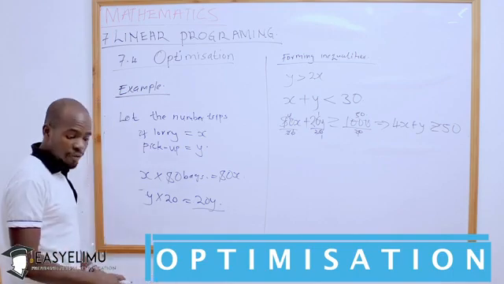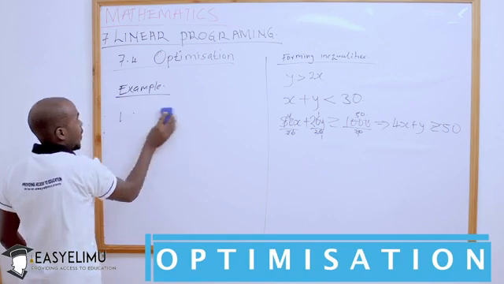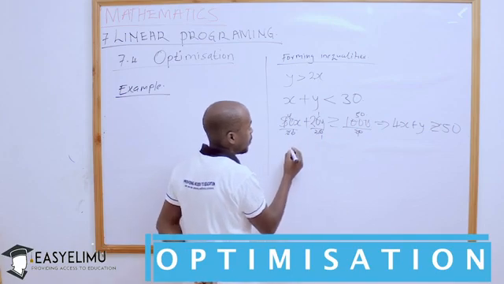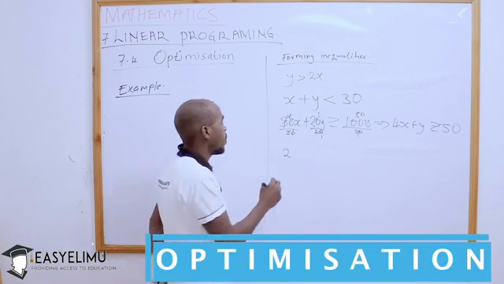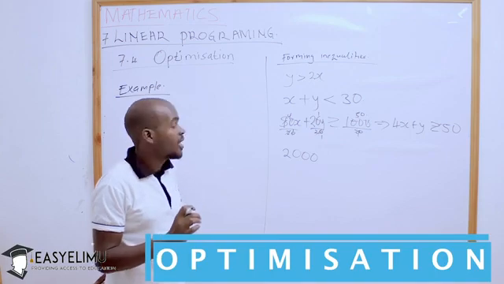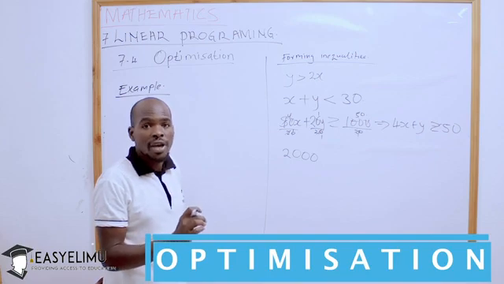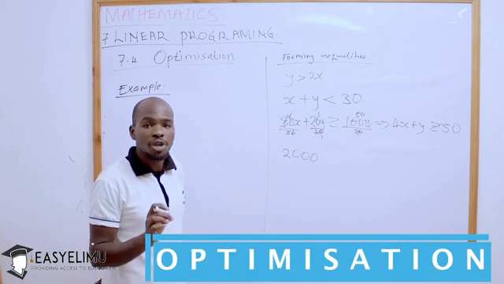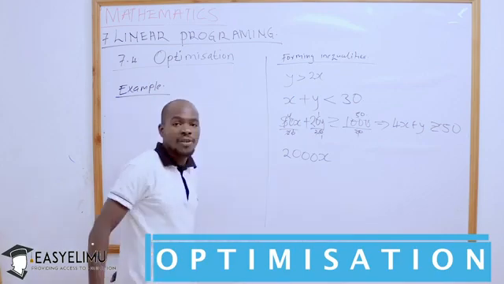So if we form the inequality for the expenditure, one trip of a lorry costs 2,000, so the total expenditure for the lorry will be 2,000 per trip multiplied by the total number of trips that the lorry makes, x, and you get 2,000x.